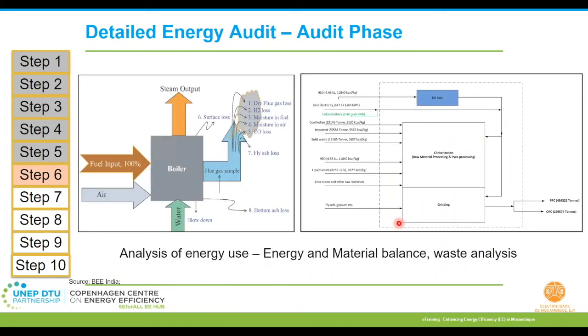Step 6 is about the detailed analysis of energy use, which will have to be done once the data is collected. It's mostly about having material and energy balances prepared, because this gives an idea about the share of energy consumed from different sources and the share of energy consumption for different outputs.